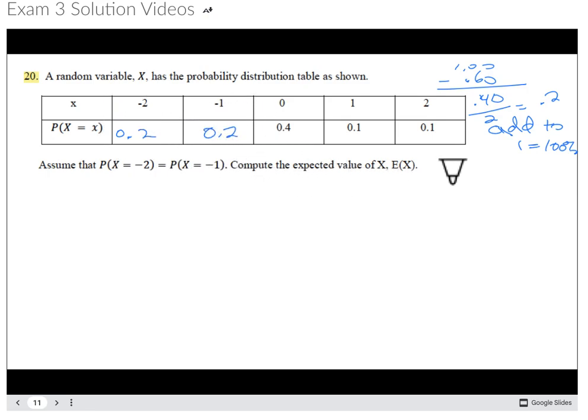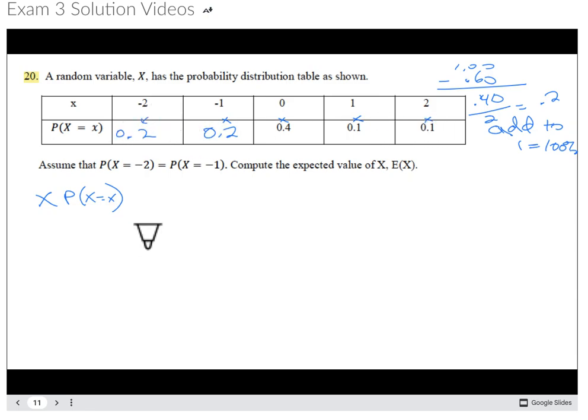Now we want the expected value, and one of the ways we could go about this is really just x times the probability that x equals little x for each of these. So we've got -2 times 0.2. We'll just multiply down this way each of these.